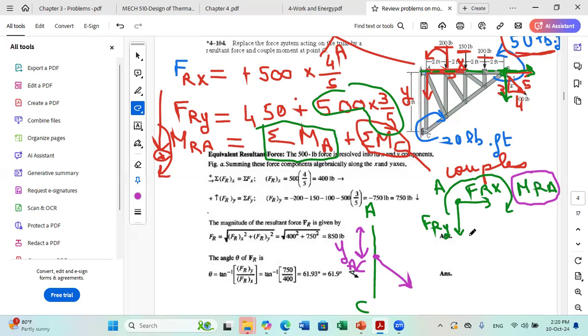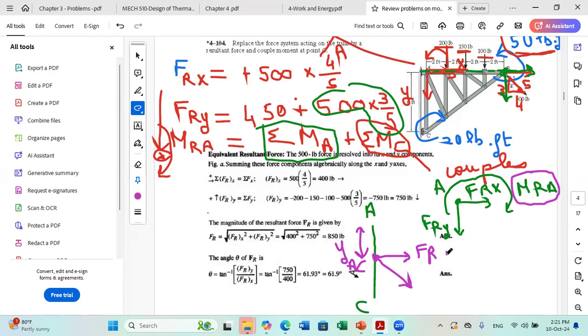So now, if we want to find the location of the force in a way to represent the system, this force should have the same effect about A. So of course, it should have the same FRX, FRY, which is the case because we just displaced the force as it is. So FRX is the same.